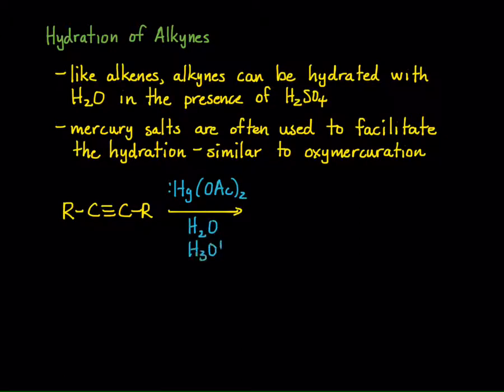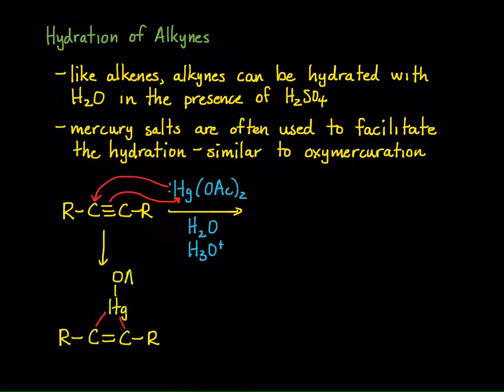And so the mechanism is, we're going to be using water, we're going to be using sulfuric acid in the process, right? And the mechanism is going to be the same. We get the pi system attacking the mercury, the lone pair of electrons from the mercury going to the carbon. One of the acetates comes off, right? So you get a loss of acetate, and you end up with the mercurinium ion that has a positive charge.